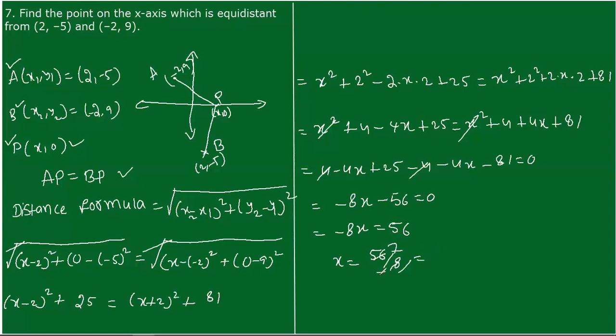So the answer is minus 7. So x is equal to minus 7. Eventually we have to find the point which lies on the x-axis, so the point is (x, 0). We can write (-7, 0). This is the point which is lying on the x-axis. Okay, that's the answer. Thank you.